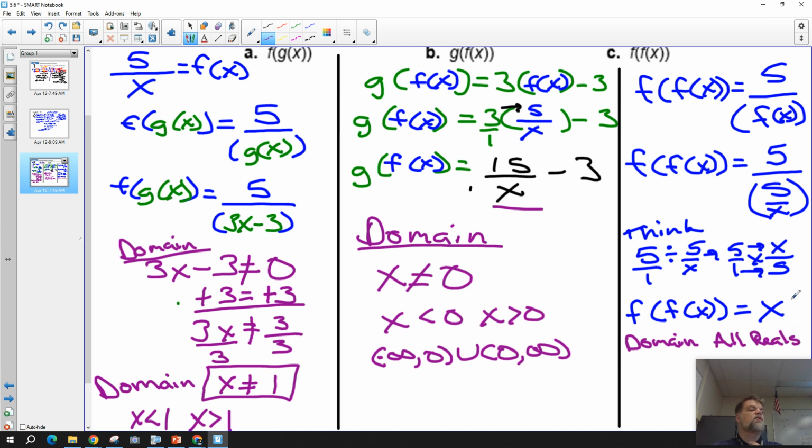Now your textbook will say all real numbers, but I'm a lazy mathematician and I say all reals. I can't be bothered with that extra word numbers. They both mean the same thing. Okay? Are there any questions on this? Okay, I'll leave that up there for a second for you.